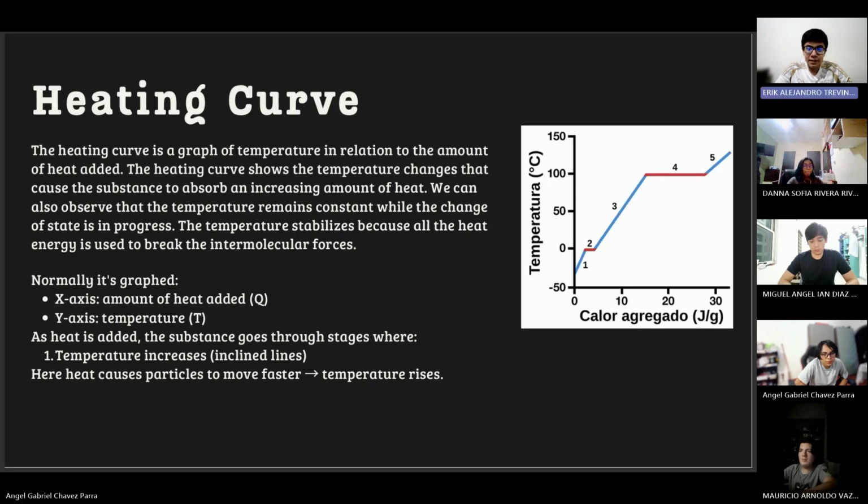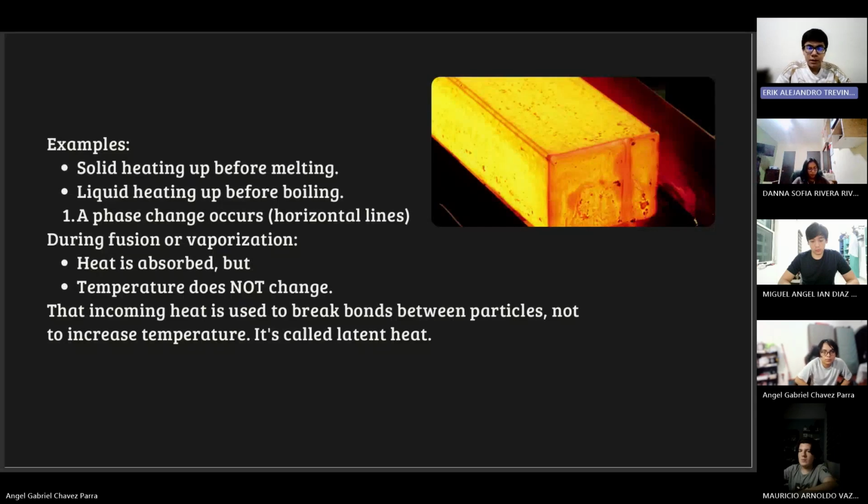As heat is added, the substance goes through stages where first the temperature increases, those are the inclined lines. Here, heat causes particles to move faster, so the temperature rises. One example of that is a solid heating up before melting, or a liquid heating up before boiling.